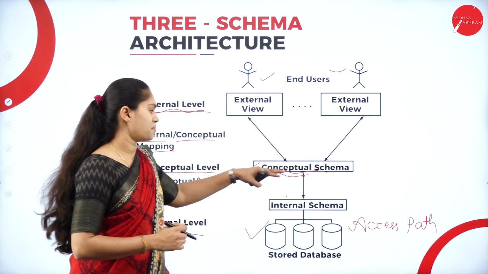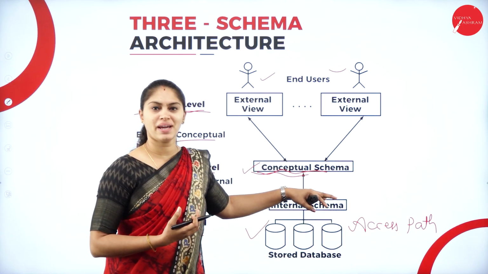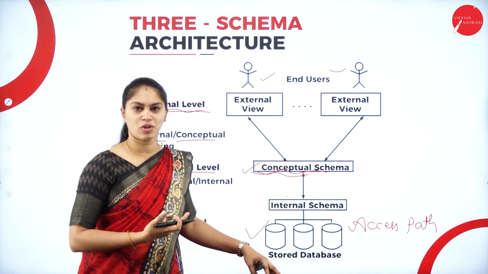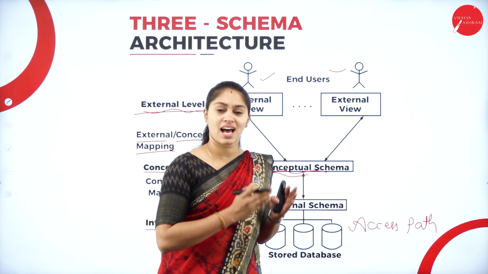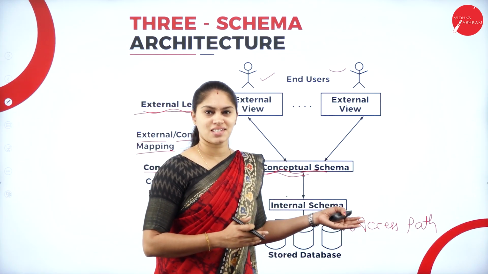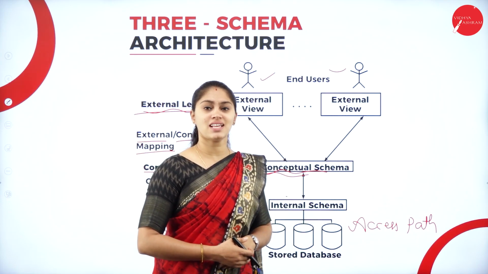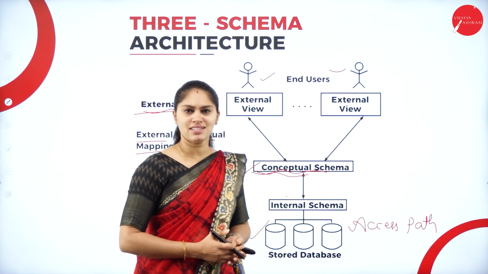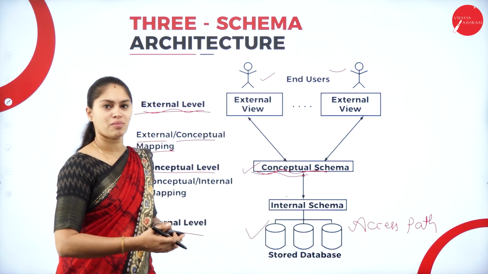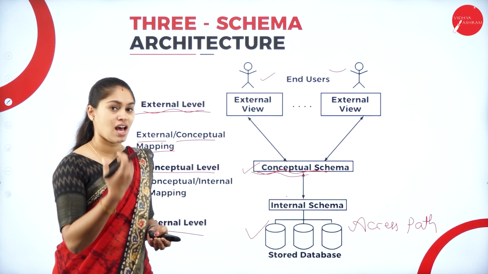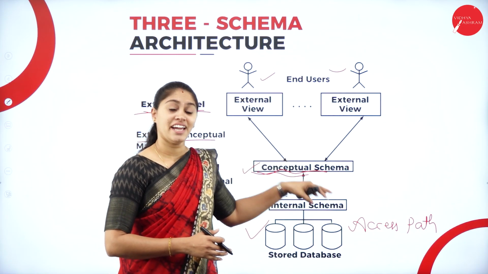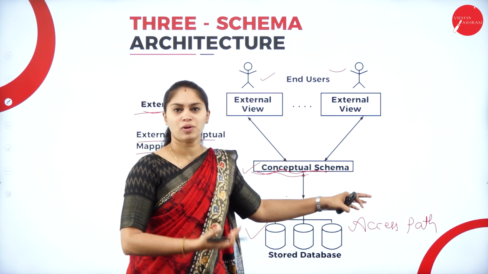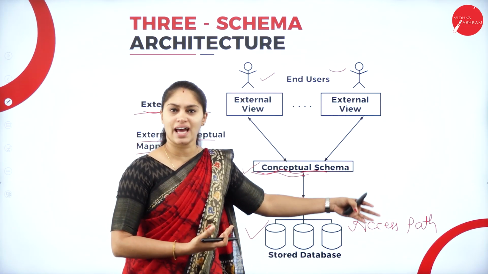In this conceptual schema, it works based on the entity relationship model. That means here it will represent every object as an entity. As we discussed in the previous session, we got to know what an entity is, right? I can consider anything as an object, and each object is a real world instance, and that instance can be represented as an entity, and each entity has its own properties and its own characteristics.